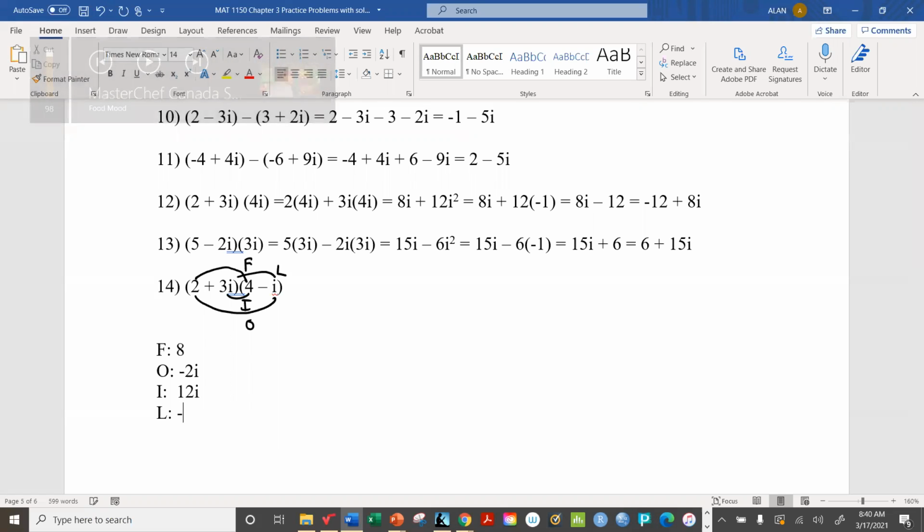And then we have minus 3i squared. All right. So bring them together. 8 minus 2i plus 12i minus 3i squared.